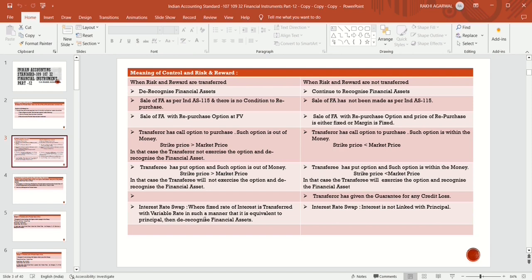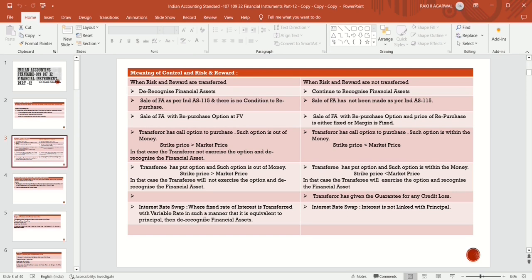Sale of financial asset with a repurchase option and the price of repurchase is either fixed or margin is fixed. Meaning sale of the financial asset with an option to repurchase when the price of repurchase is fixed or margin is fixed, in that case no need to derecognize the financial asset, continue to recognize this as a financial asset.